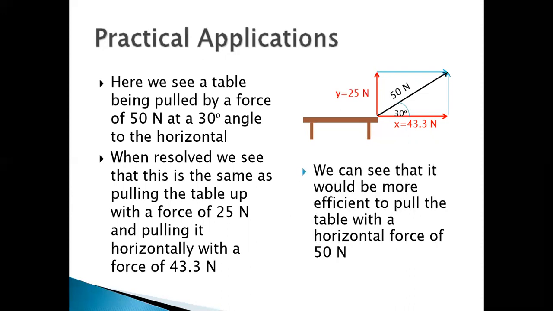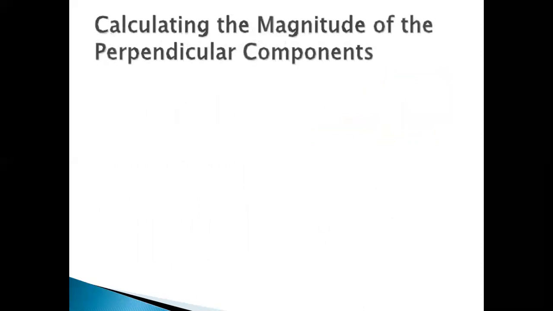What does this mean? We can say that it would be more efficient to pull the table with a horizontal force of 50 newtons. So it is better for us to pull it with a horizontal force of 50 newtons.